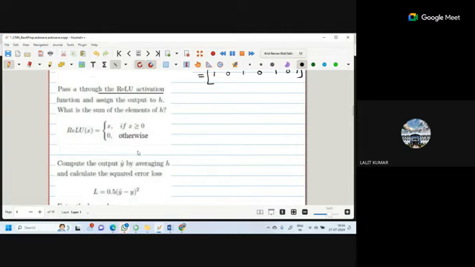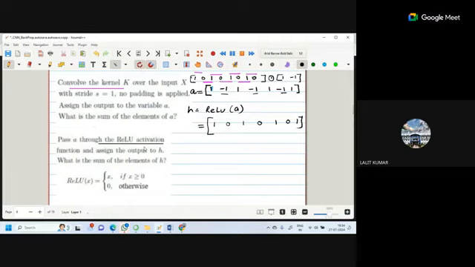Now compute the output y hat by averaging the h and calculate the squared error loss. So y hat is the average of this, which becomes 4 by 7, about 0.57.